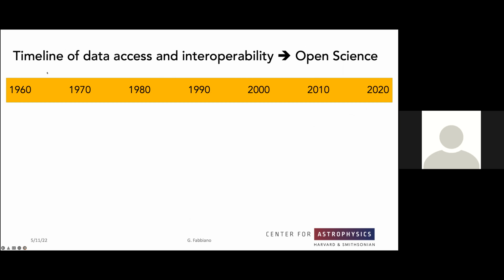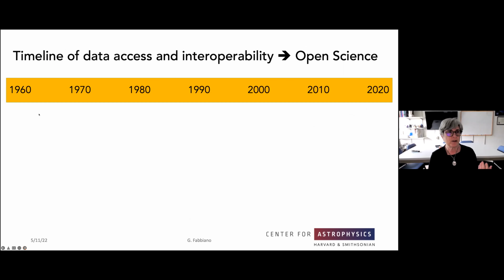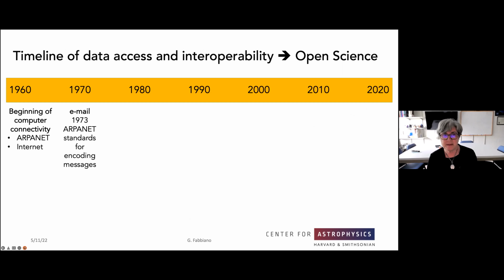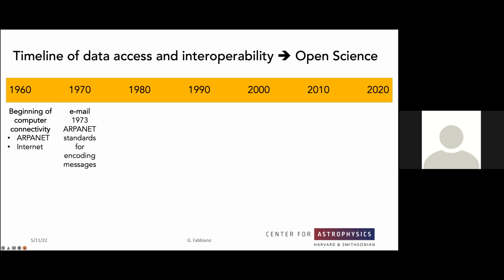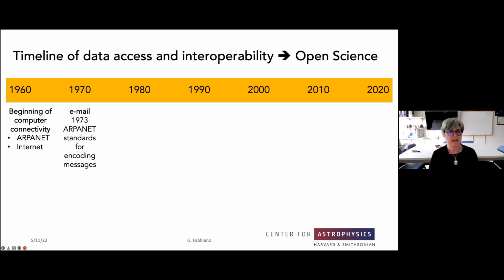Well, basically we started in the 60s with the beginning of computer connectivity, ARPANET, internet. Then in the 70s, we have email and standards for encoding messages, which allow email.